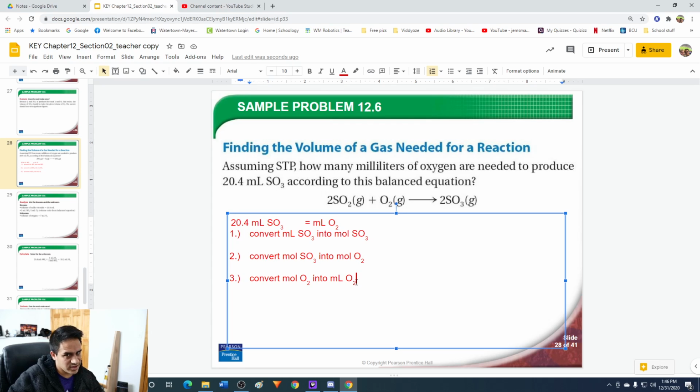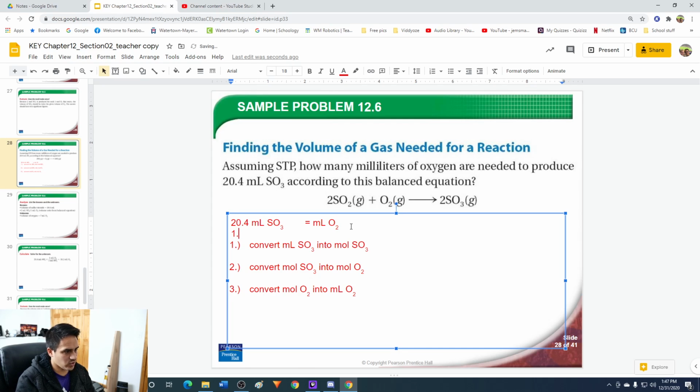Now, the problem with this, however, is the conversion factor that we have that deals with anything with volume is molar volume, and that deals with liters and moles, not milliliters. So even though in step 1 I said convert milliliters of SO3 into moles of SO3, that's technically not step 1.